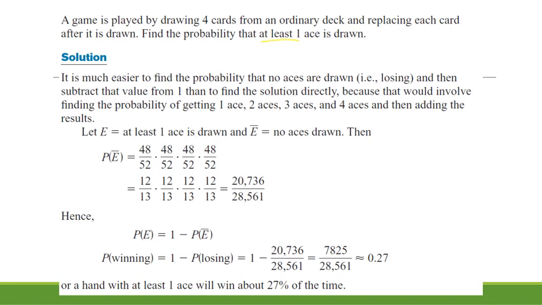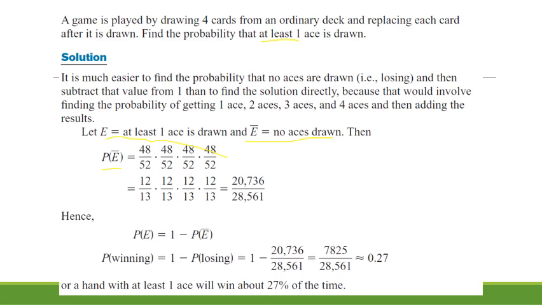So take note, the complement of that event. Let E be at least 1 ace is drawn, and E bar is no aces is drawn. So we find the probability of the complement of that event.